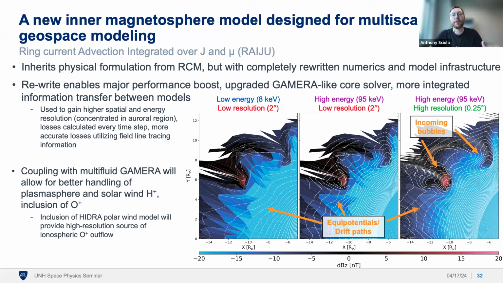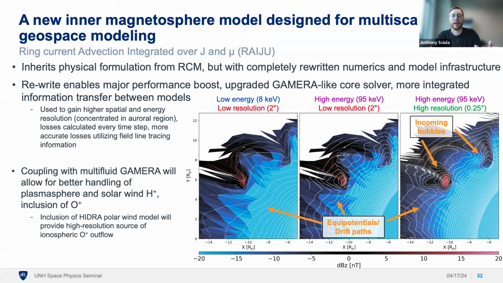One of the main motivations is that we are designing this with multi-scale whole geospace modeling in mind from the start, as opposed to some of the other intermediate models, especially RCM, that was designed with standalone self-consistency in mind in a lot of its design decisions. But now with this different approach, we're able to optimize the model for global geospace coupling.